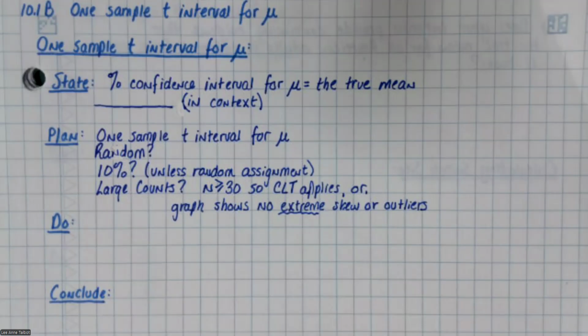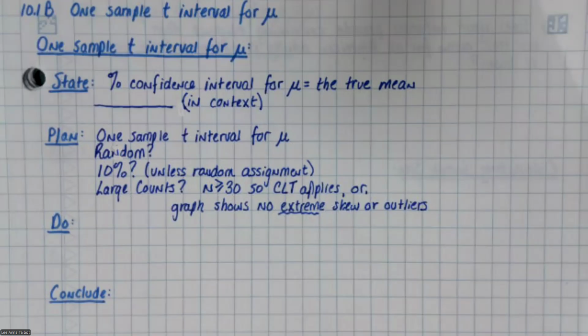Okay, so when you're looking for skew or outliers in one of your graphs, it's going to have to be really, really bad to violate the condition. There are some in this book and in the AP problems where I'm like, I don't know about this, that looks pretty skewed, or I see an outlier. And the book and College Board is just like, not extreme.